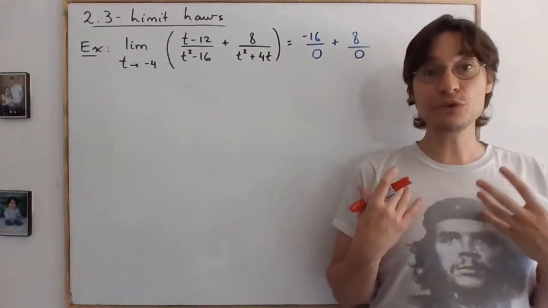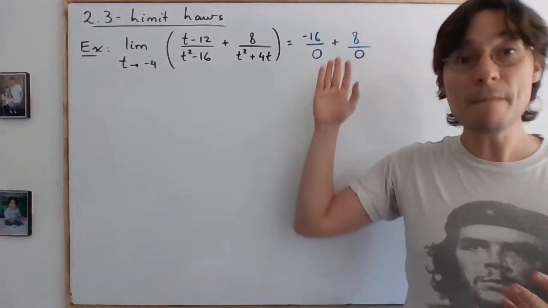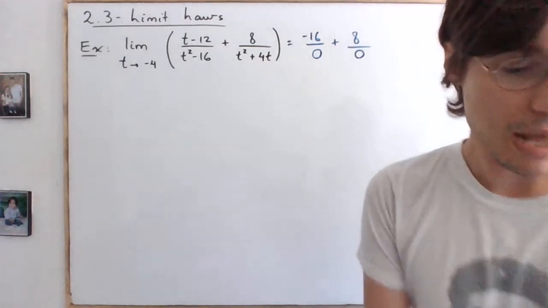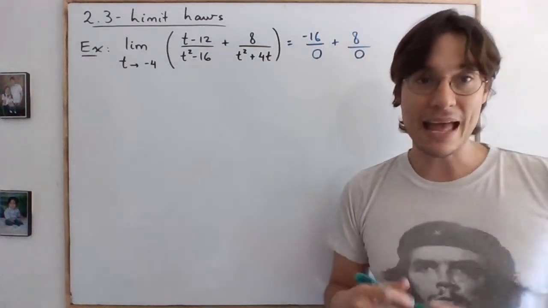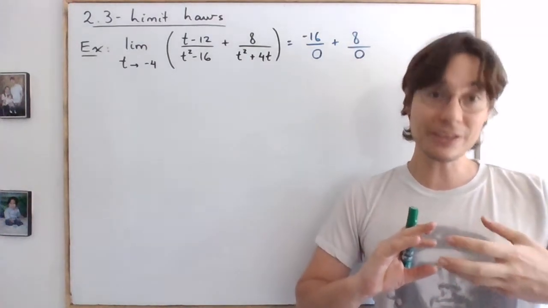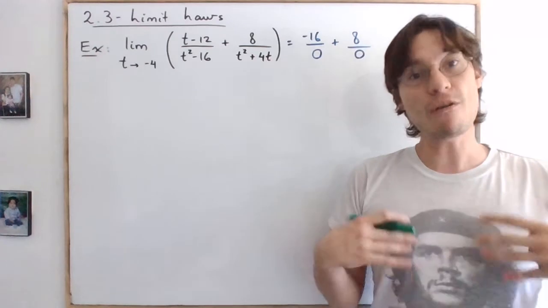The first thing I would like you to remember is that whenever you have a number over 0, this is a vertical asymptote. And the limit could either go to infinity, go to negative infinity, or fail to exist.